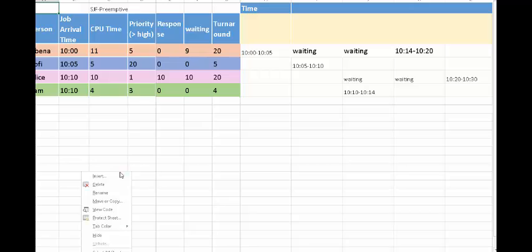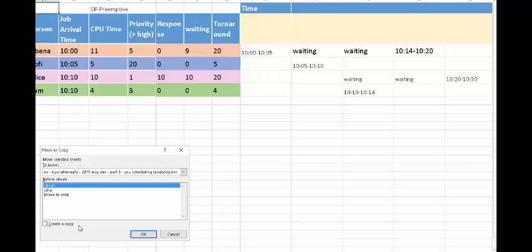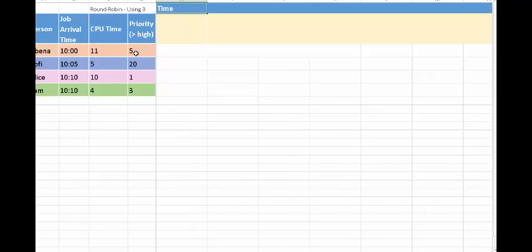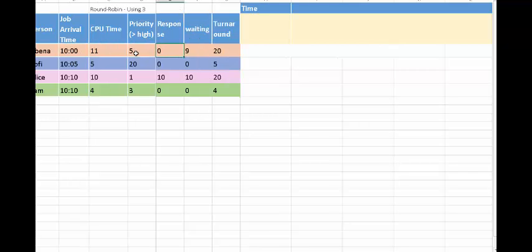Okay, so let's do round robin. I'm going to duplicate the same thing, create a copy. I'm using 3, so I'm going to give everyone 3 minutes of time to run. Abena comes in, runs for 3 units, from 10:00 to 10:03.